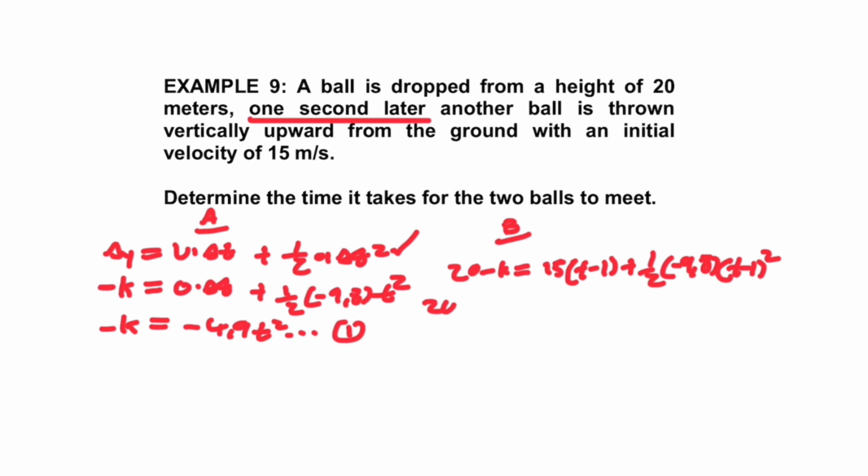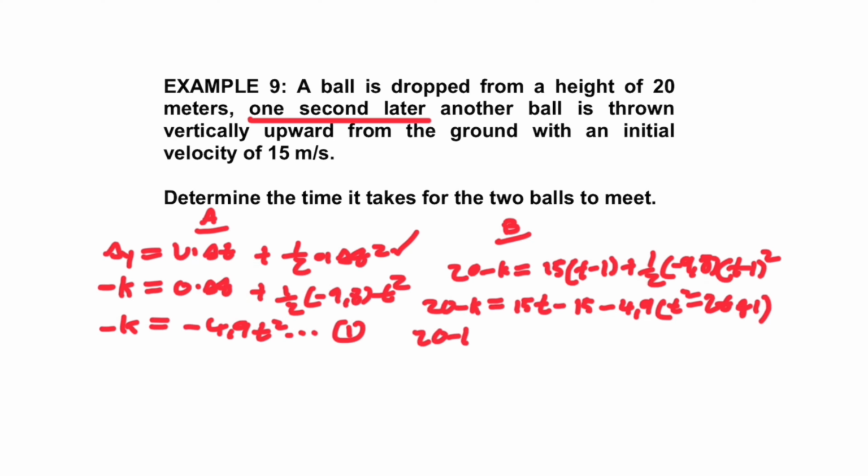So 20 minus k will be equal to 15 multiplied by t, that is 15t, minus 15, right? 15 multiplied by minus 1. And then a half multiplied by minus 9.8, that will be minus 4.9. And then t minus 1 squared, that is t squared minus 2t plus 1.